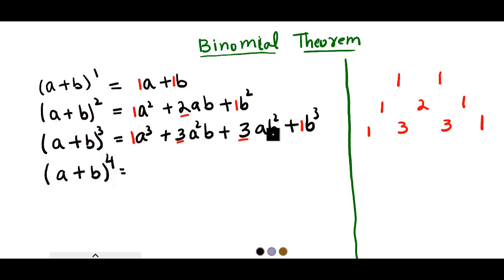Now if we look at the pattern of the coefficients, the first are 1 1, then the second are 1 2 1, and the third are 1 3 3 1. So they are following a pattern. If we check the pattern, the first and last numbers are 1.